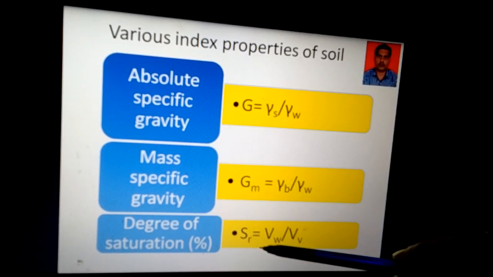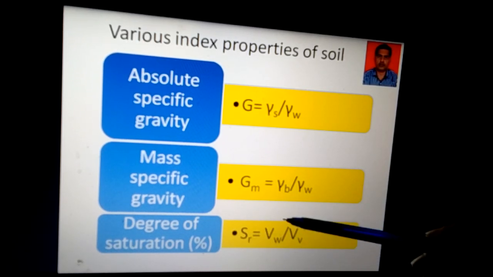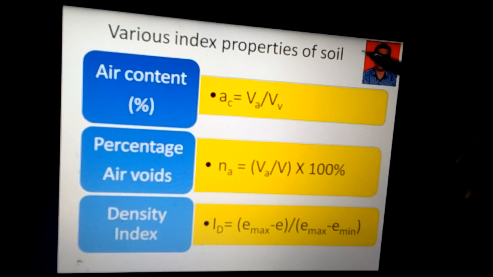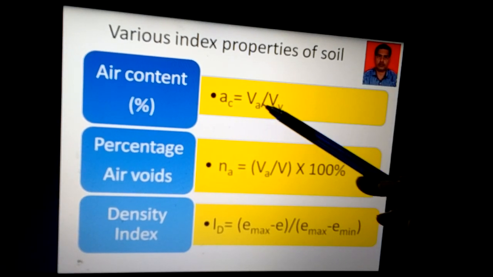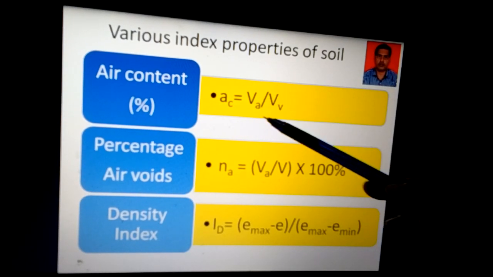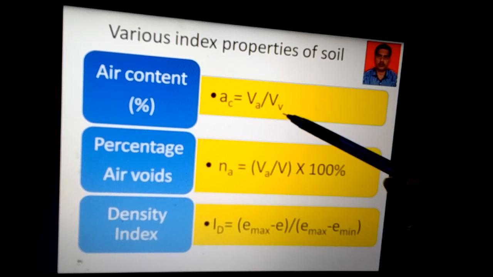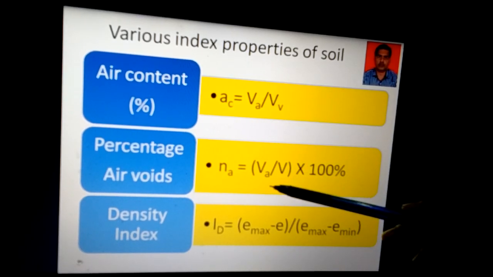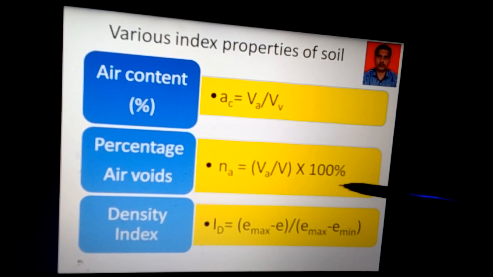Then degree of saturation Sr, ratio of volume of water and total volume of voids. Air content, that is ac, Va, ratio of volume of air divided by total volume of voids. And percentage air content, that is Va by V into 100%.